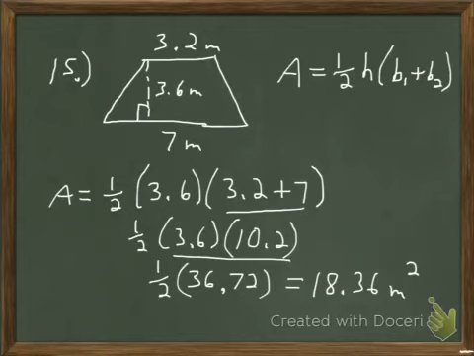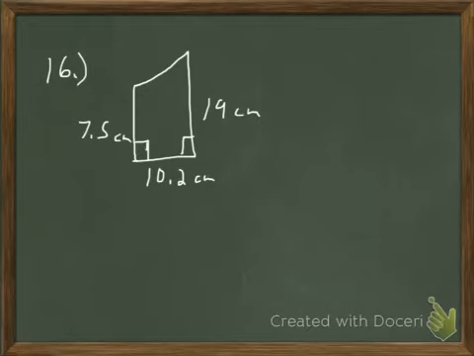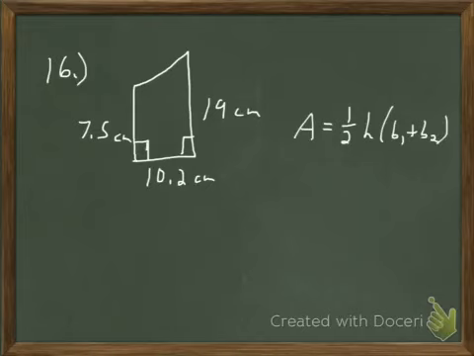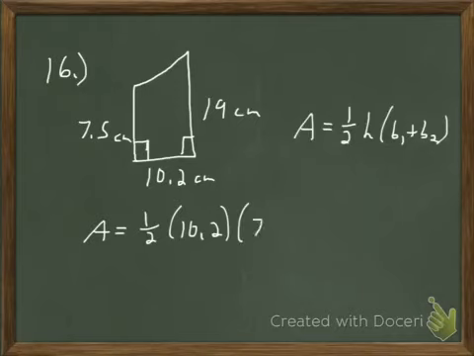The next one I'm going to do is number 16. It's the same thing, it's just turned. And same thing, I don't need to write this again, I'm just doing it for you. So filling in 1/2. The height is here between the two right angles, the 10.2. And then the bases 7.5 and 19, the two parallel lines there, they're to be added. Remember, that's where I start.